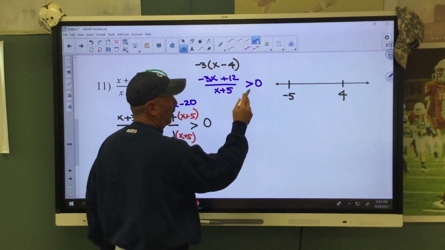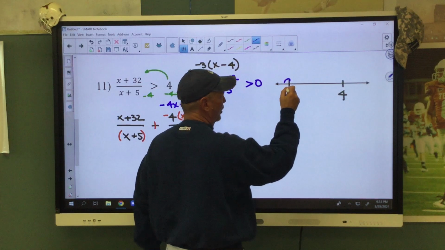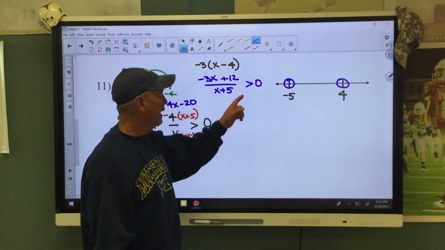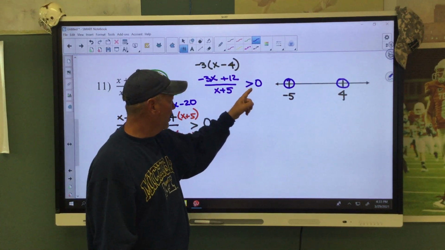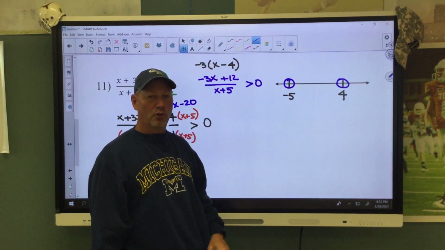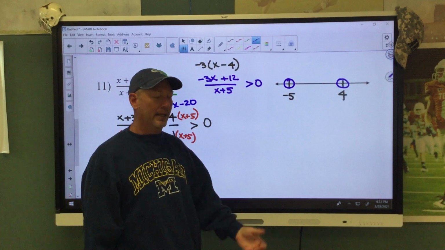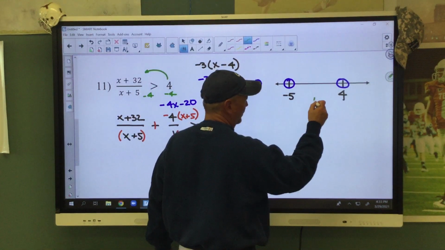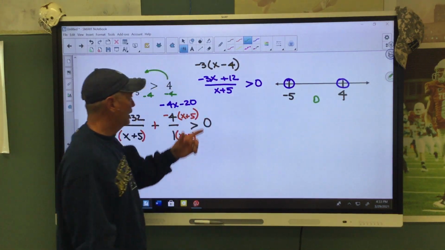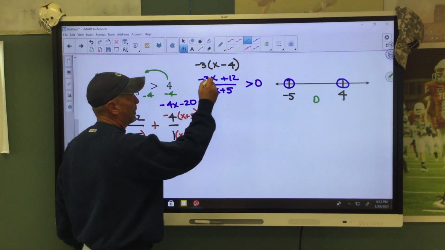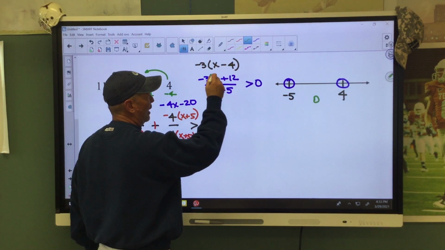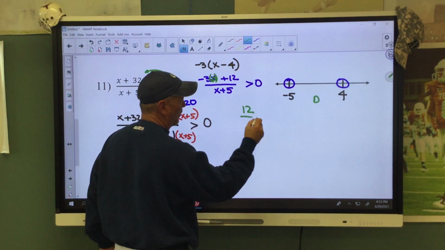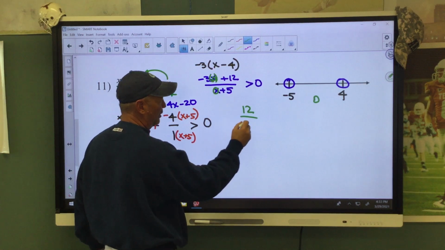We do not have a bar underneath, so we're going to have open circles. And again, if this had a bar underneath, we would have closed circles and you would use hard brackets. Okay? We're still going to pick 0. We're going to substitute it in. Negative 3 times 0 is 0, plus 12 is 12. 0 plus 5 is 5.